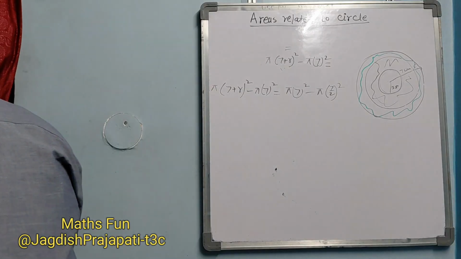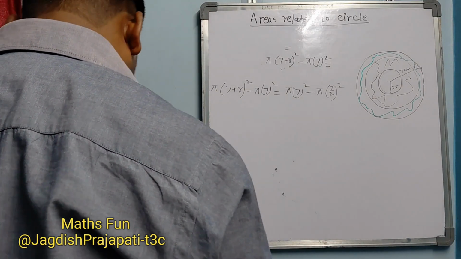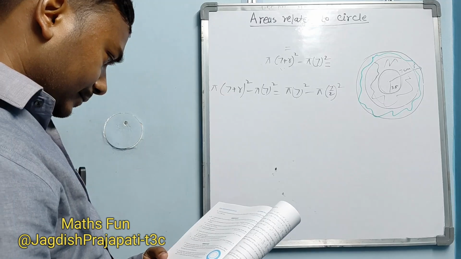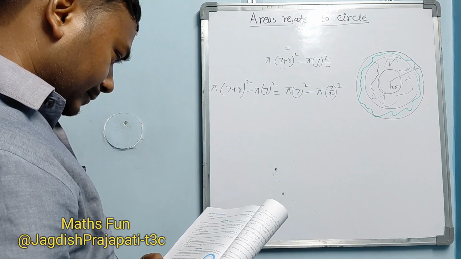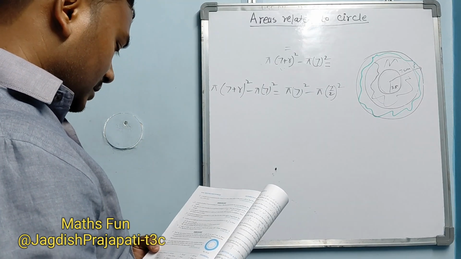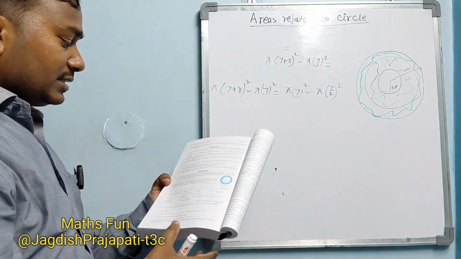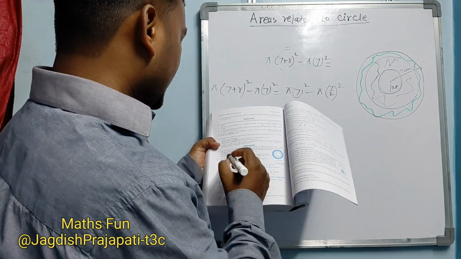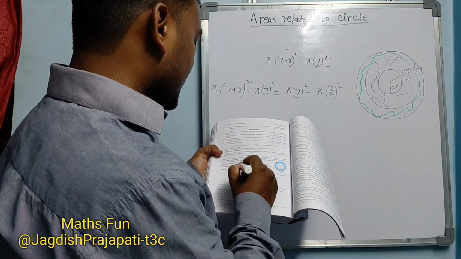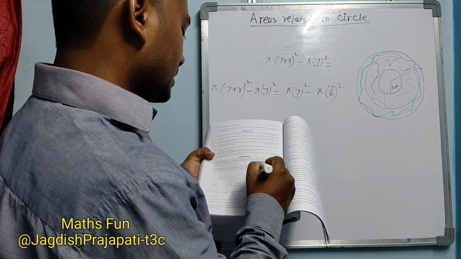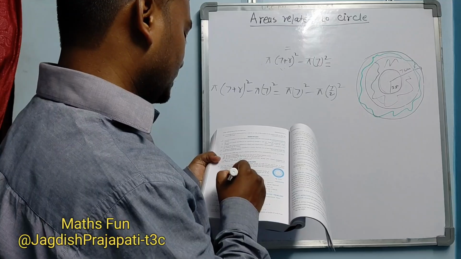So the next question is, see question number 18. An archery target has 3 regions formed by 3 concentric circles as shown in figure 13.10.